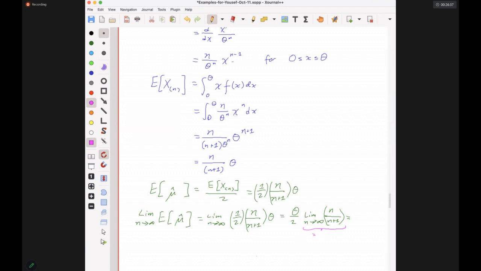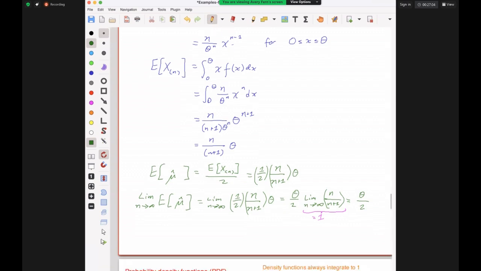They have the same degree. Leading coefficient is 1 for both. And so this is going to be equal to 1. And so our limit of the expectation of mu hat is theta over 2.